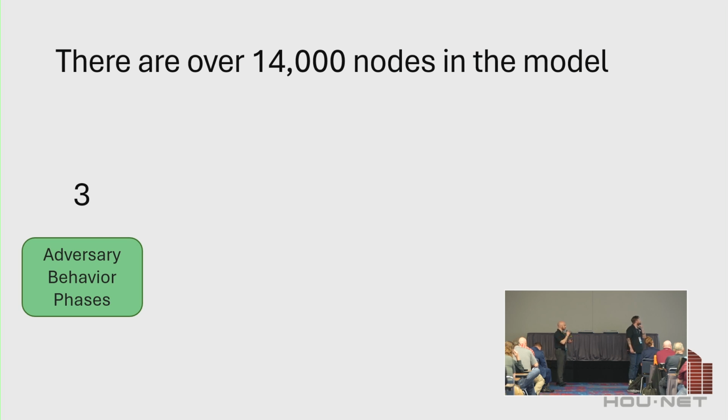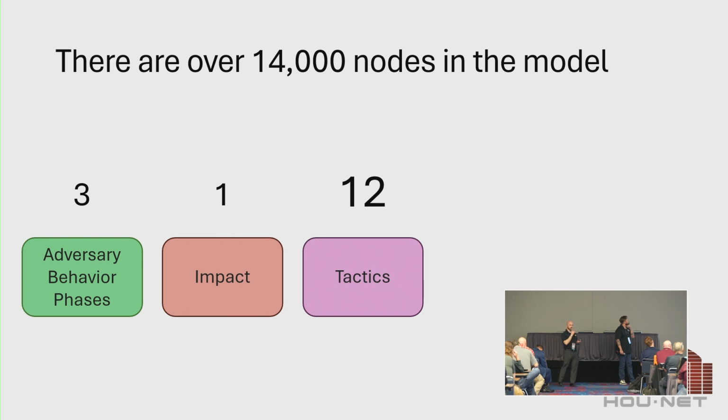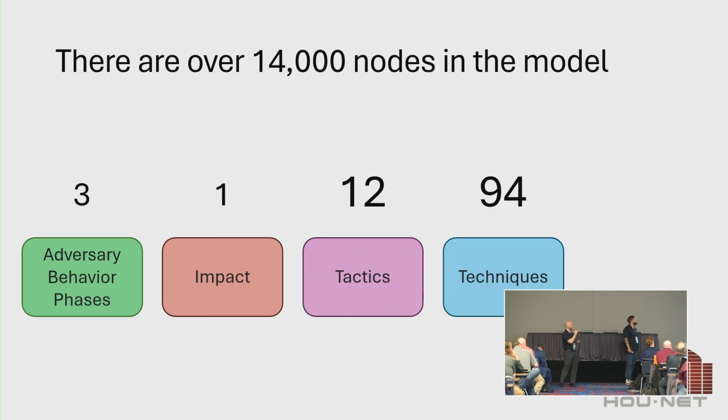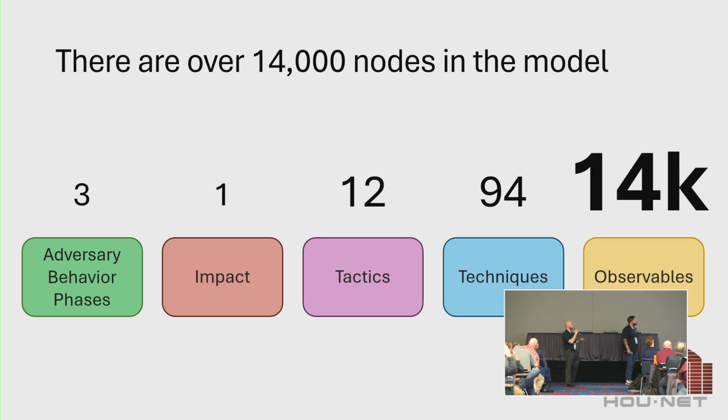So there are 3 of those, one impact node, and then we have the 12 tactics from the MITRE framework, 94 techniques from the framework, and then finally, you can tell where this is going with some quick math, about 14,000 observables that we've identified and built into the network from our historical analysis.